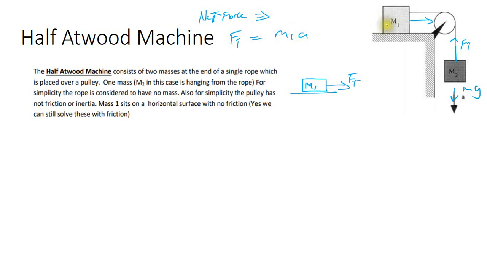The object is accelerating towards the positive side, because going to the right we treat as positive. So in this event, our acceleration is going to be positive.